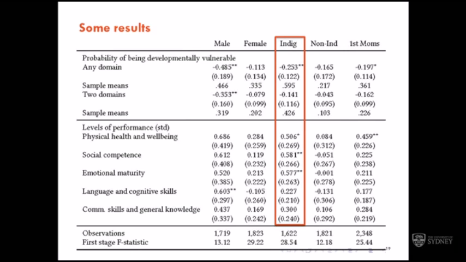And these Indigenous babies who were admitted to special care nursery only because they were just at the right threshold, relative to babies who were just on the other side of the threshold and didn't get the treatment, they scored higher by almost 0.5 standard deviations in physical health and well-being, 0.6 standard deviations higher at age 5 in social competence, almost 0.6 standard deviations higher in emotional maturity, nothing on language skills and cognitive skills.